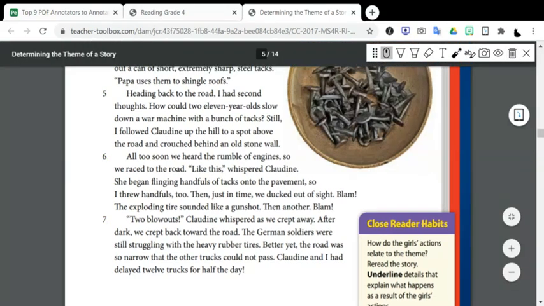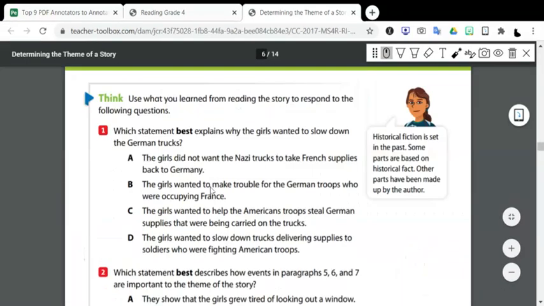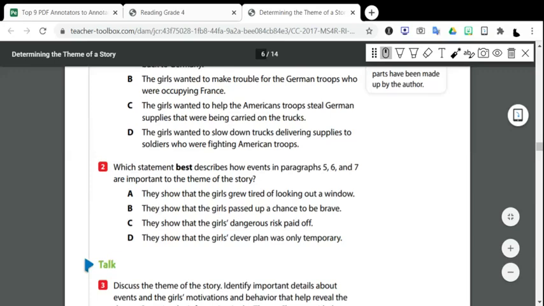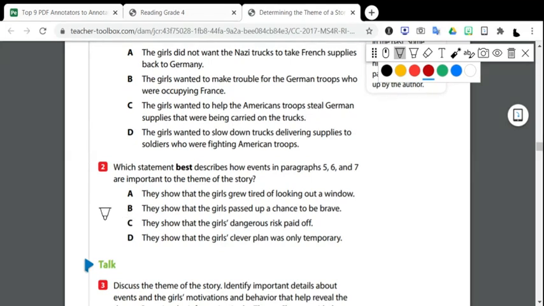And if I think to myself, what happened in these 3 paragraphs? These 3 paragraphs tell the story about 2 girls who do a very risky action by taking tacks and throwing them in the road of the Nazi trucks. Now, back in these days, the Nazis had a goal that was to take over everything and everybody.